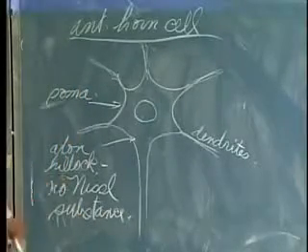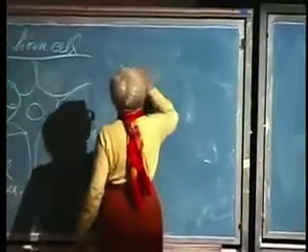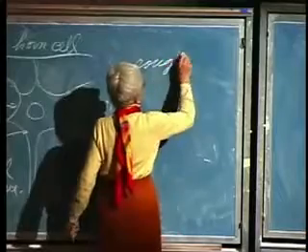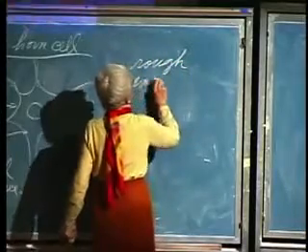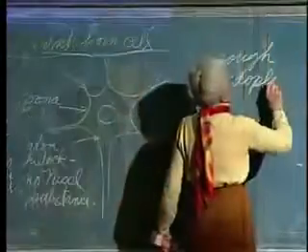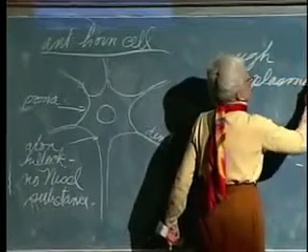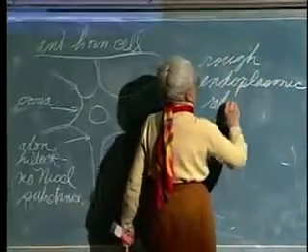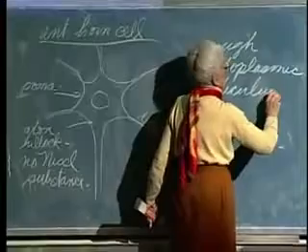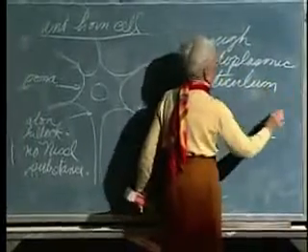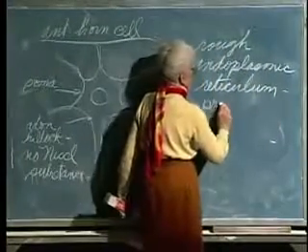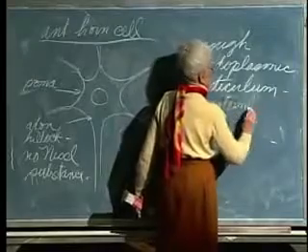Well, it was named after a Mr. Nissl. But then when one has higher technology, you can figure out what it is. It's rough endoplasmic reticulum, which deals with protein synthesis.